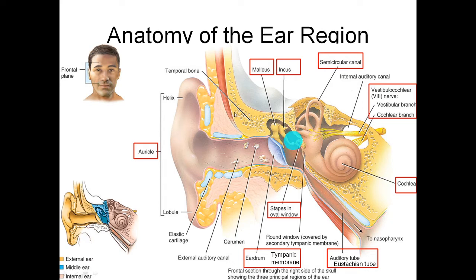So for example, let's say we are down here in Grand Junction. Down here in Grand Junction, we have higher pressure in the atmosphere. So out here in the atmosphere, we have high pressure. So we need that same pressure in our middle ear. So when you pop your ears, you're going to equalize the pressure from outside to inside.